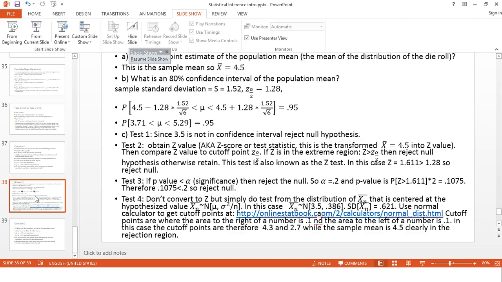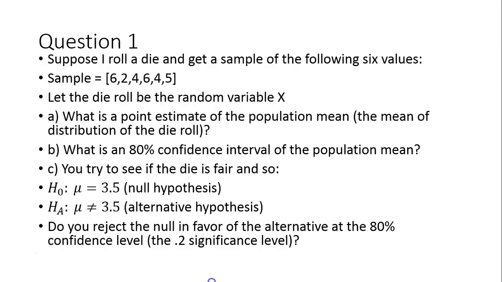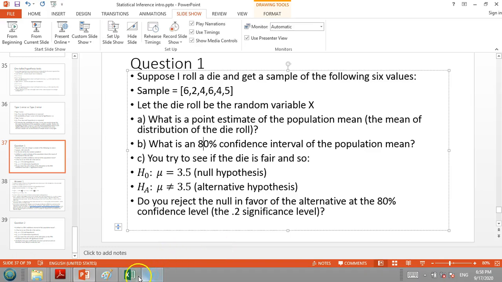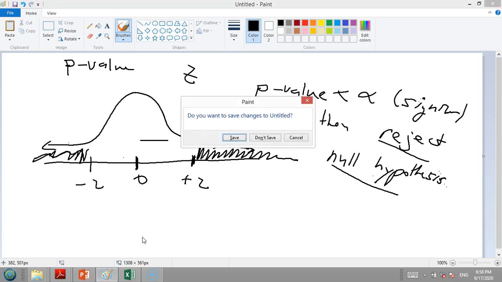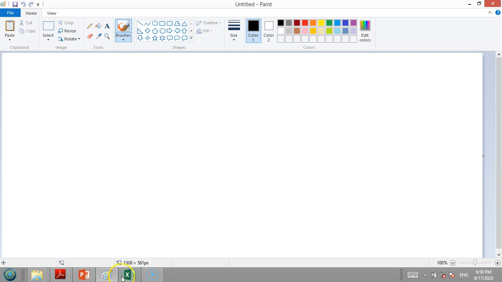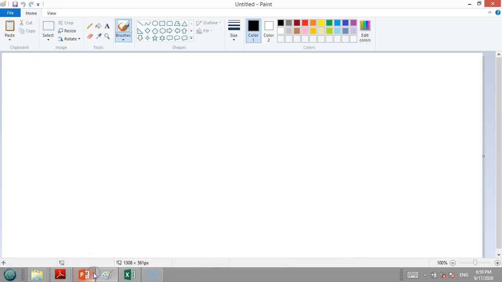Okay, so let's just do some problems really quickly. We'll just do one problem, but it's a big one. I have a sample: 6, 2, 4, 6, 4, 5.